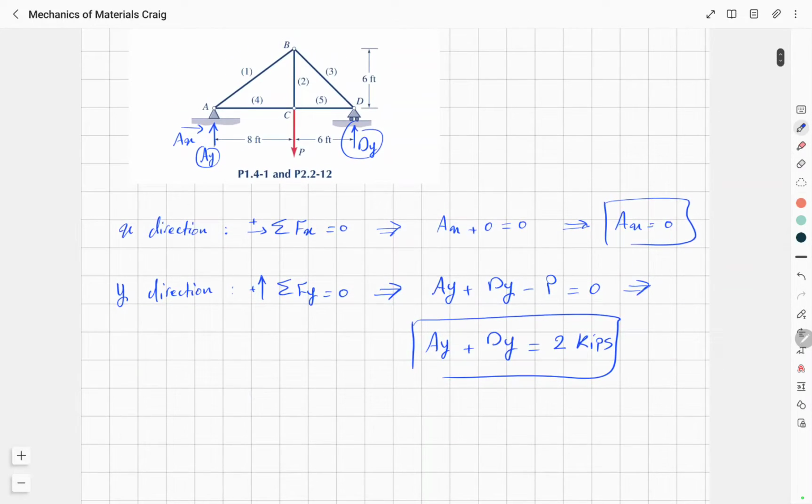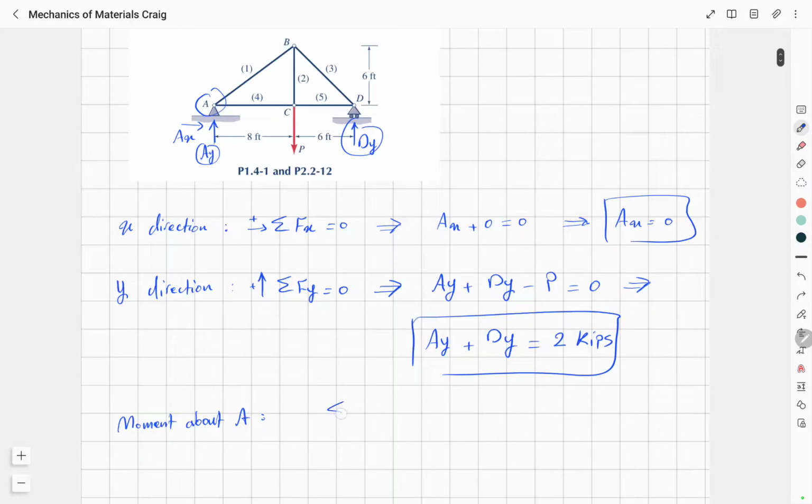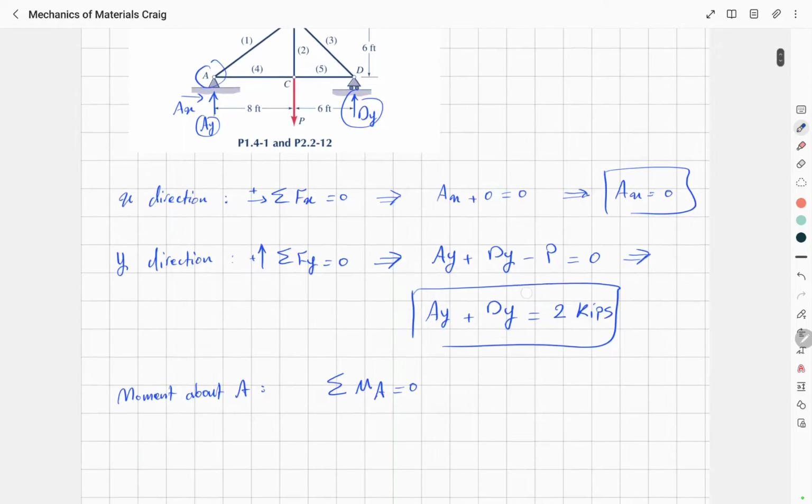And finally, if we take moments around point A, we can write the moment at A: DY multiplied by 8 plus 6 minus P with this distance, which is 8, is equal to 0.